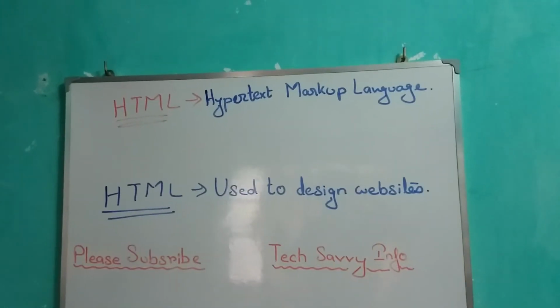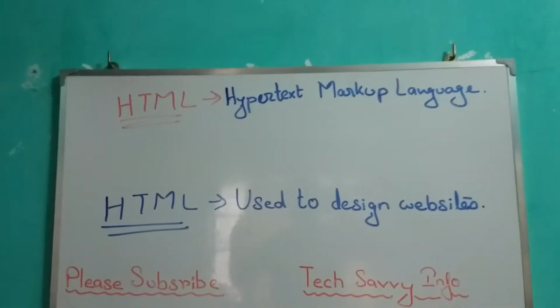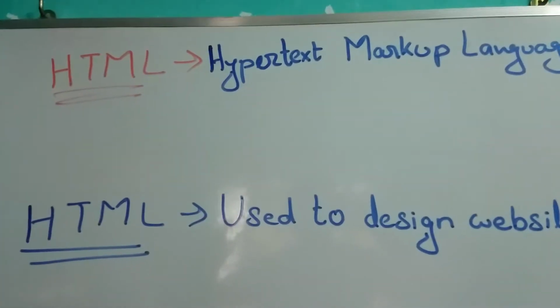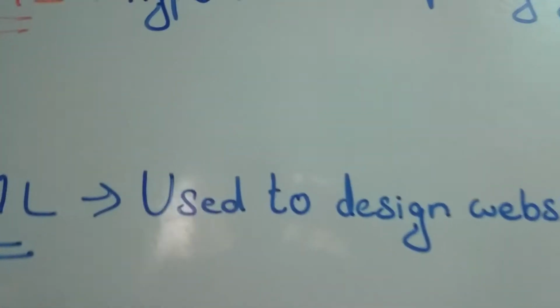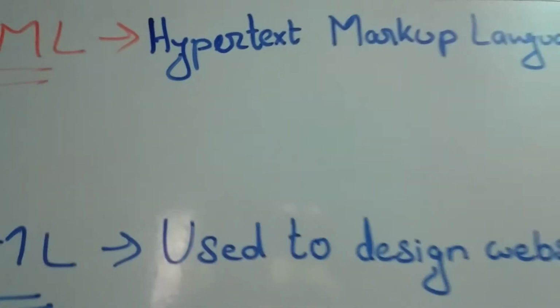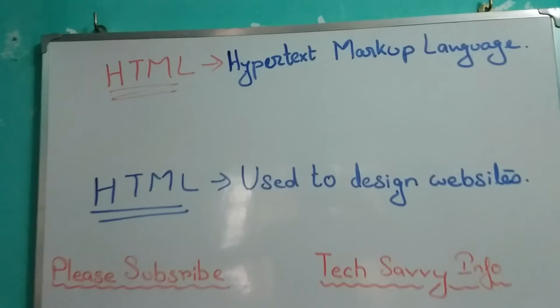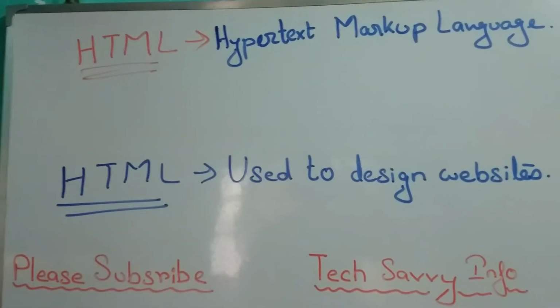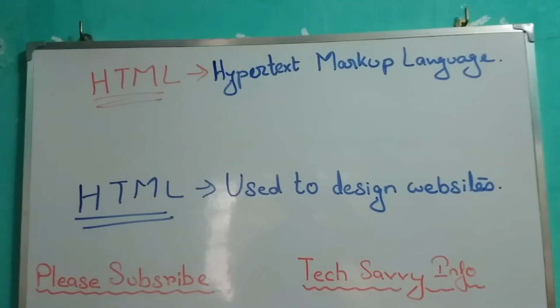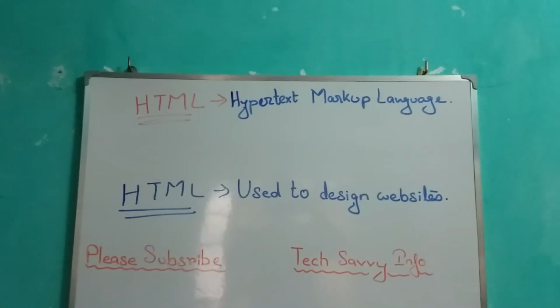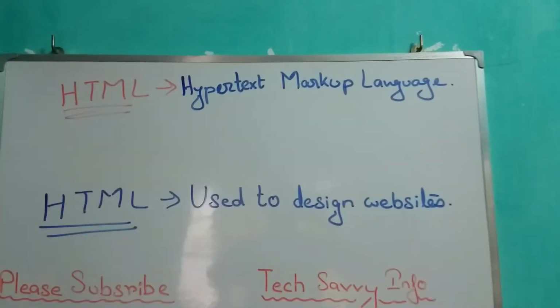That means all the text is hypertexted, or hyperlinked. What are hyperlinks? Suppose we click on a text and it directs you to another part of the same page or to a different page, that is called hypertext or hyperlink. I will be giving you some hands-on as well.